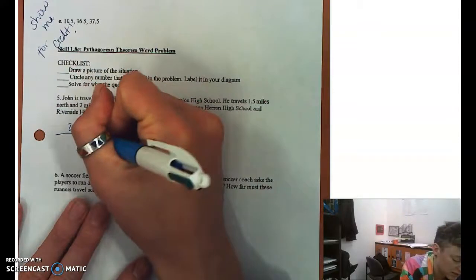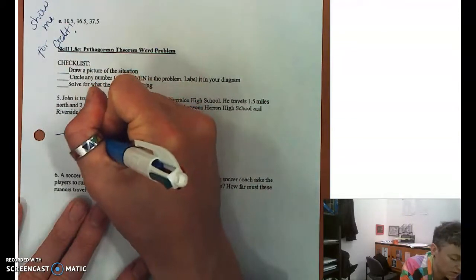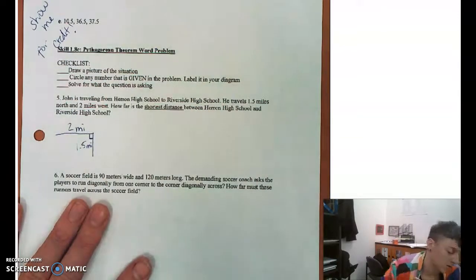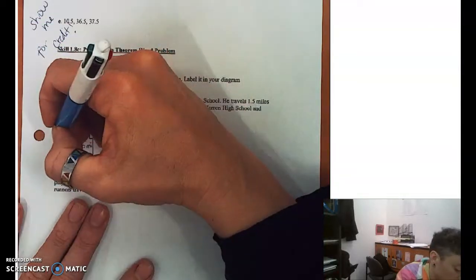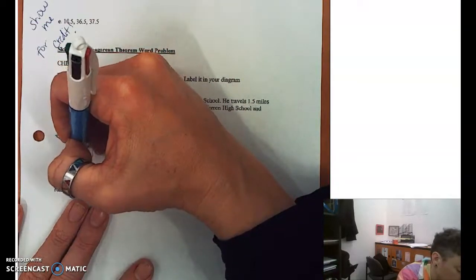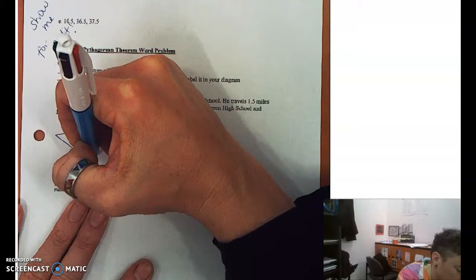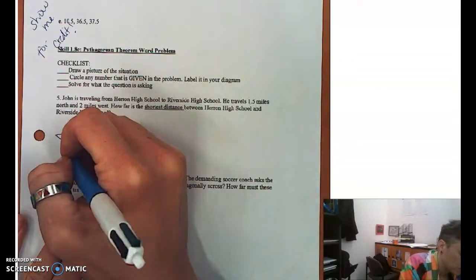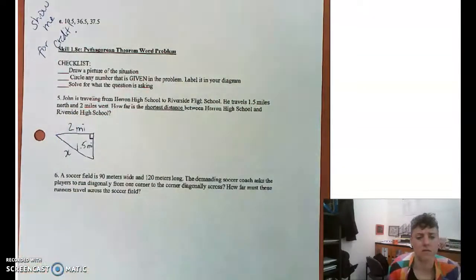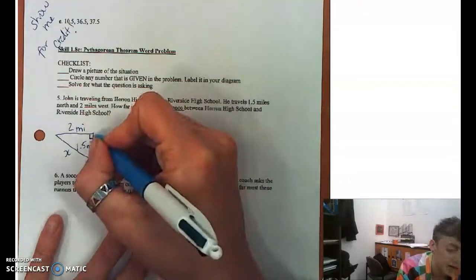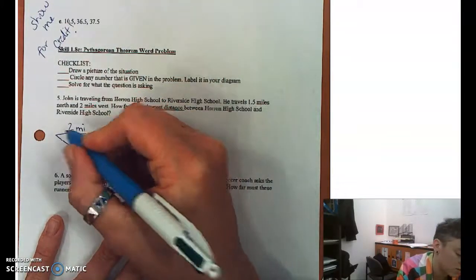We're assuming he made a right turn here. What's the shortest distance? It's going to be a straight line. That'll be our shortest distance. So we've got 1.5 miles up, 2 miles over.